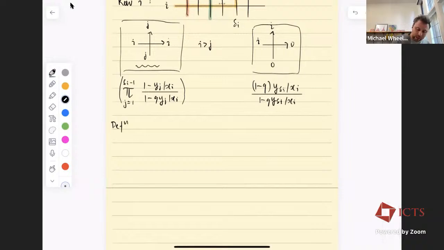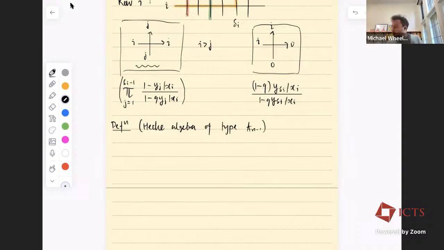So before we come to that, just a small definition. This is the Hecke algebra of type A_{n-1}, and that's the following.